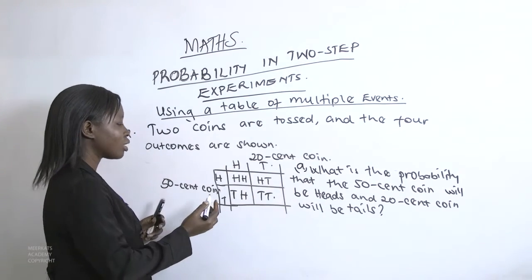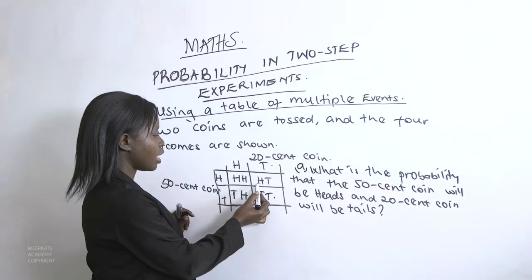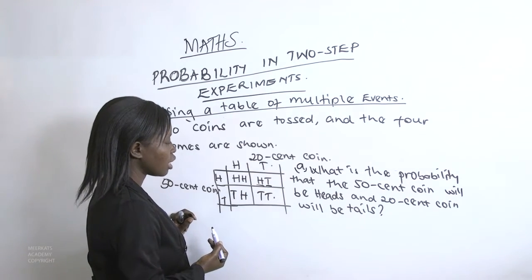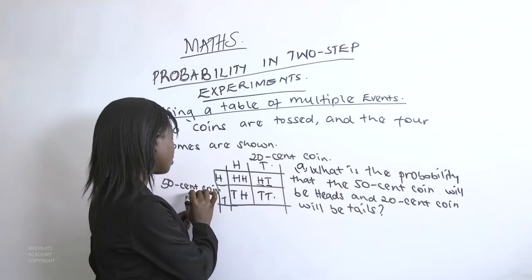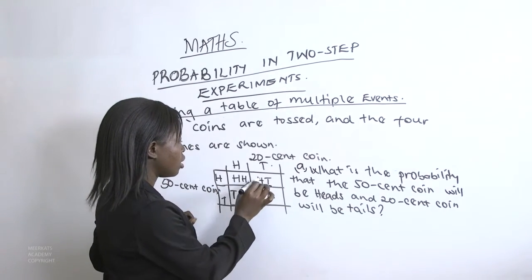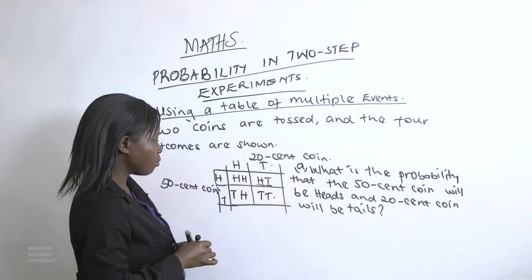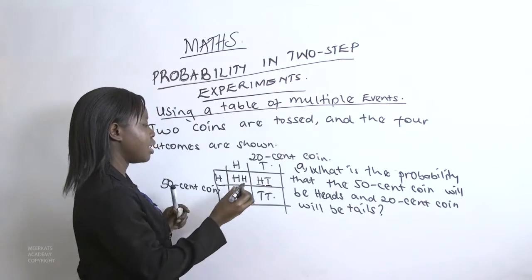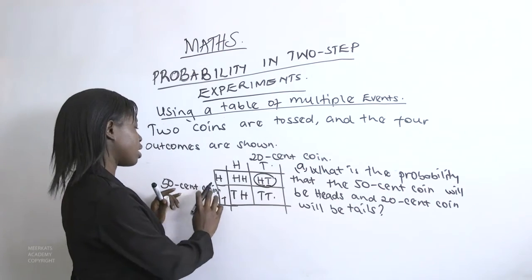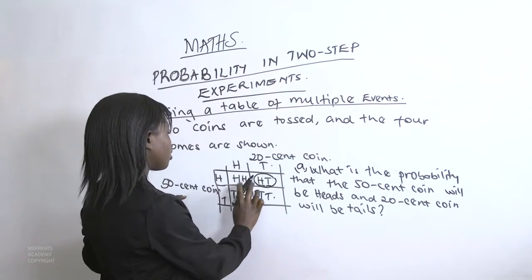So what is the probability that we are having a head and a tail showing? So we get that the probability that the 50-cent coin is showing a head is, we are having the first outcome, head and tail, 50-cent coin. So the 50-cent coin is here. The head for the 50-cent is there.